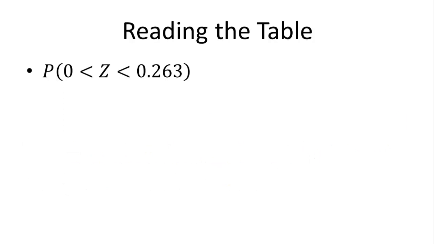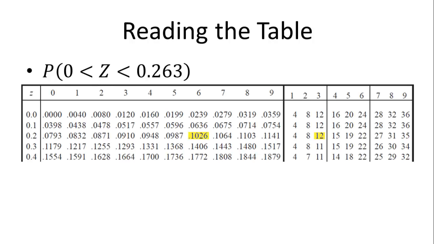Here's where we get a bit trickier. Now we've got 3 digits. We can only ever look up 3 digits, so if you ever have to round these things to 3 digits to start with, then you can look those up. So we come down the left-hand column to 0.2, across to the 6. That's 0.1026. Now you see on the far right-hand side, there are those columns 1 to 9.